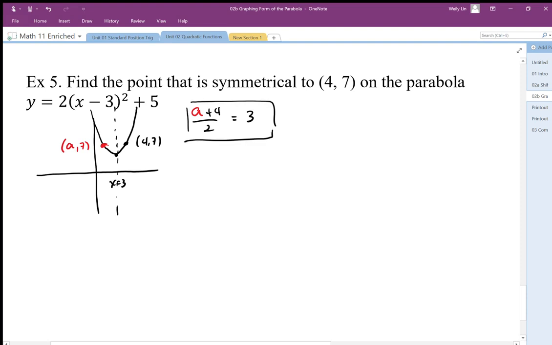It's a very useful thing to use, especially for parabolas, since they are symmetrical, and you often can find a relationship with the middle. So this is my average. If I want to solve for A, I just algebraically rearrange this. I get A plus 4 is equal to 6, and that makes A equal to 2 when I solve this algebraically.